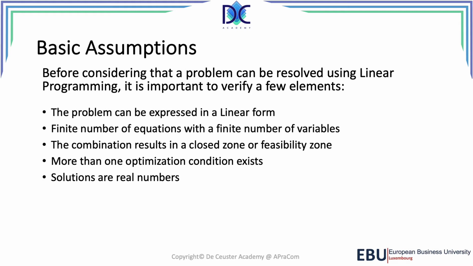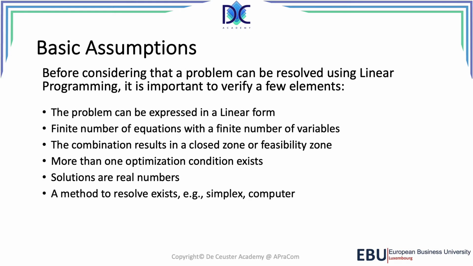When you're producing cars, you cannot have a real number, you have to have integers. We look at the general solution here where we consider real numbers, but integer programming also exists and is used on many occasions.